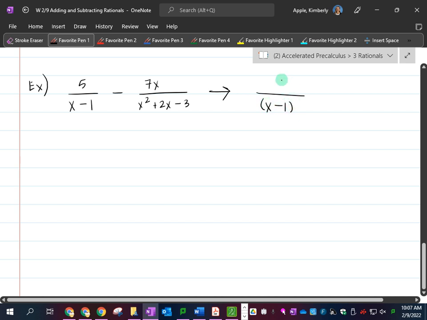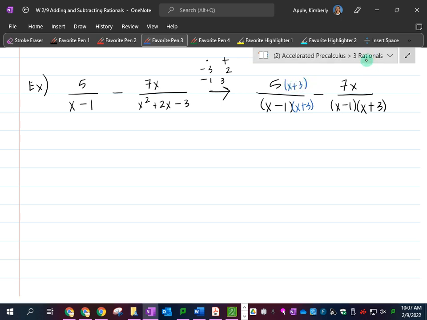I'm just factoring it so I can get a better look. 7x on top, multiply to negative 3, add to positive 2. Yeah, 1 and 3, 1 negative. This would be x minus 1, x plus 3. So now it's like, oh, this is fine. All I need is that x plus 3. Easy to see now, so we'll do that. If I do it on the bottom, I'll do it on the top.